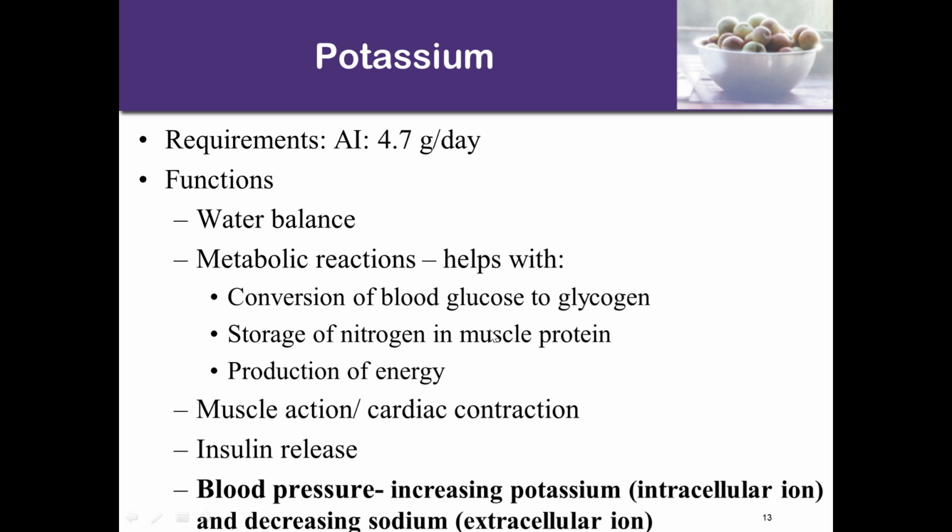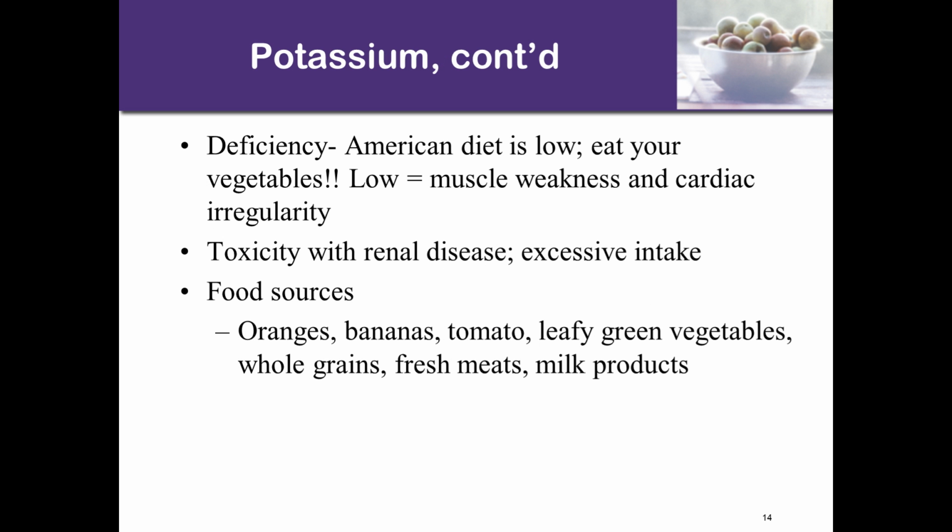If there is an increase in intracellular potassium ions and a decrease in extracellular sodium ions, then blood pressure is affected. If deficiency occurs, the American diet is low in it, so eat your vegetables. If low, muscle weakness and cardiac irregularity will show.